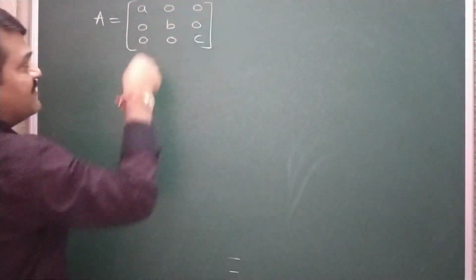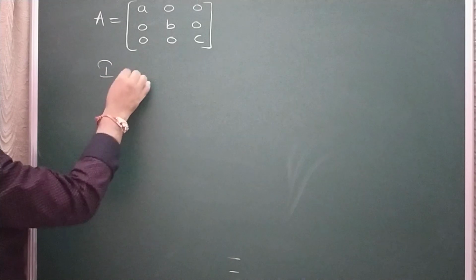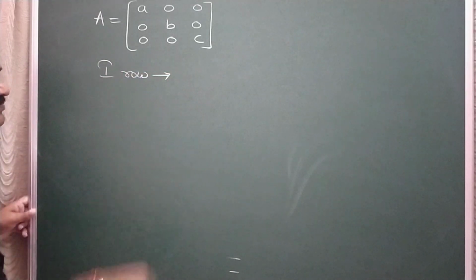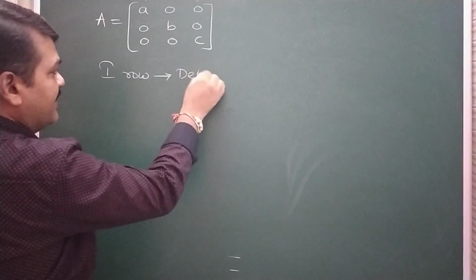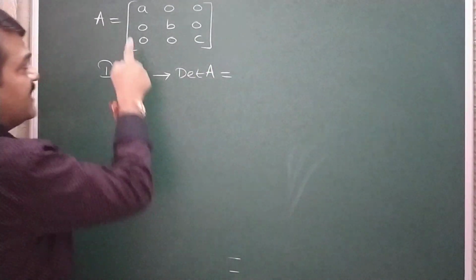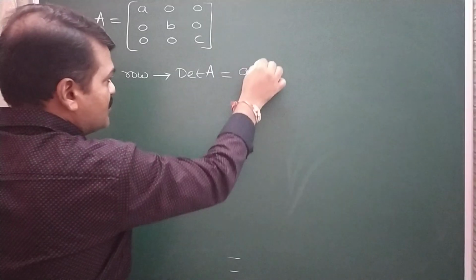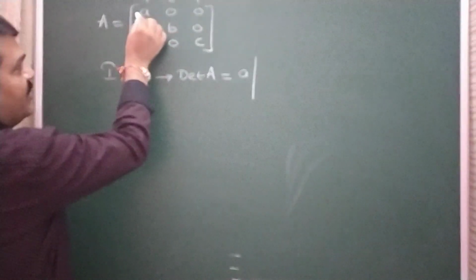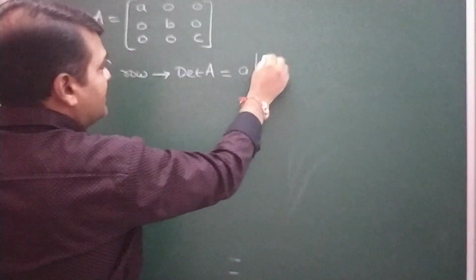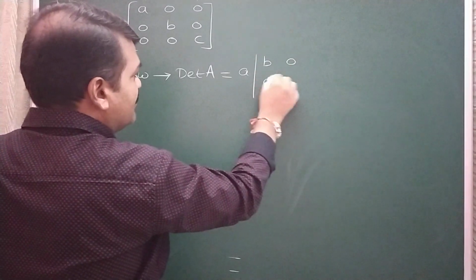These are the signs for the first row. So using the first row, what is det A? See carefully. First element A, so A into its minor. Remove first row, first column. Determinant of B, 0, 0, C.